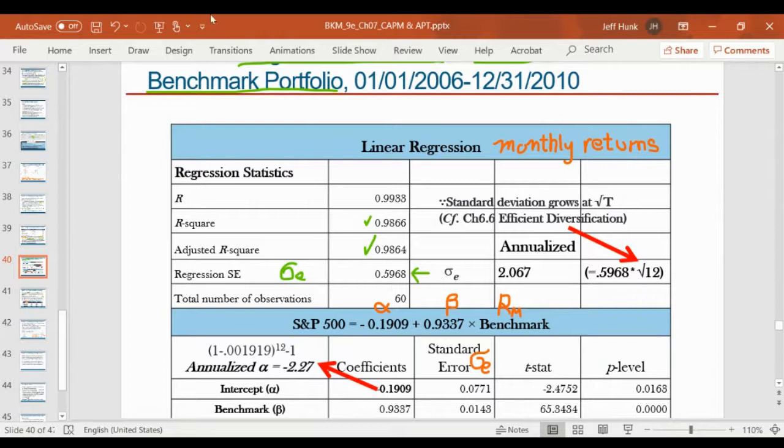Is it good? And it's monthly data, right? We are using monthly data. Is this small? Well, because it's returns data, it's percentage, right? It's percentage because it's return.